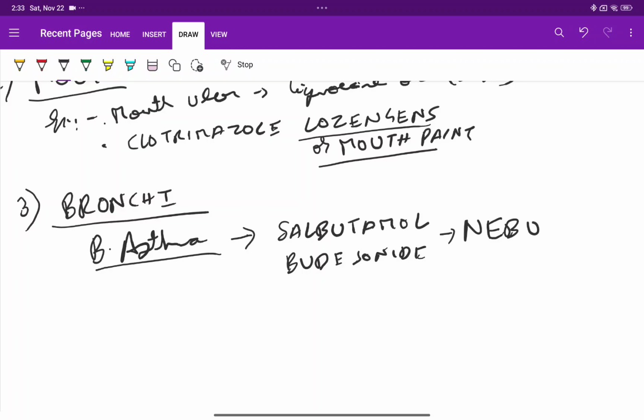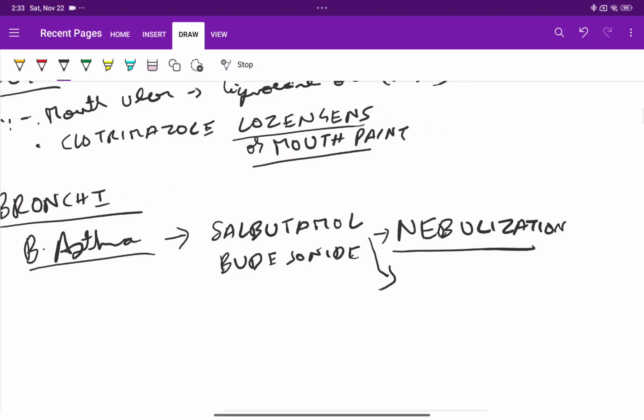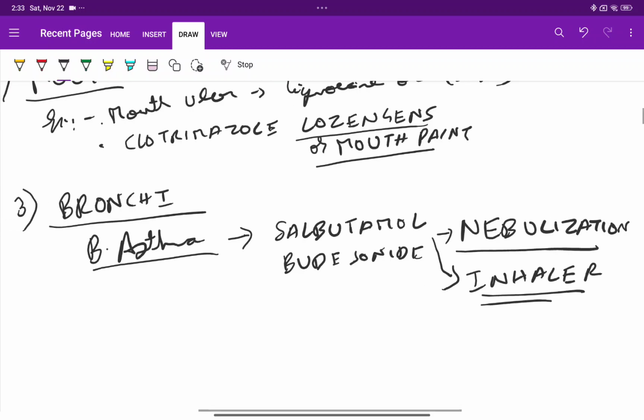Nebulization when the patient is in the acute stage. It can also be given in the form of an inhaler for the prophylaxis of asthma. We are just targeting the bronchospasm, the tissue directly, so the systemic side effects are very, very less.